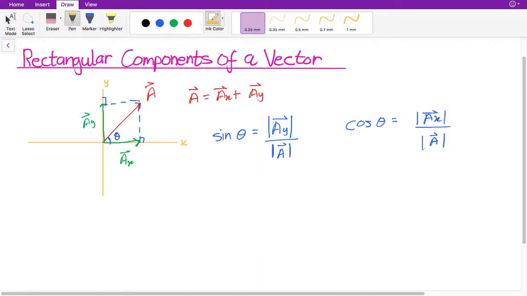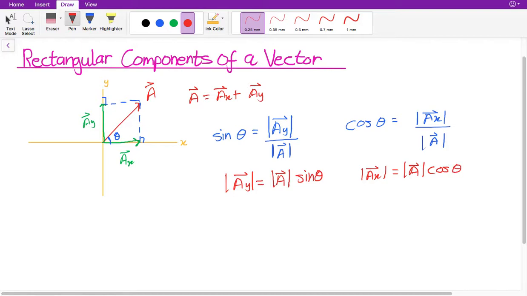The magnitude of A sub y is equal to the magnitude of A times sine theta. And the magnitude of A sub x is equal to the magnitude of A times cosine of theta.